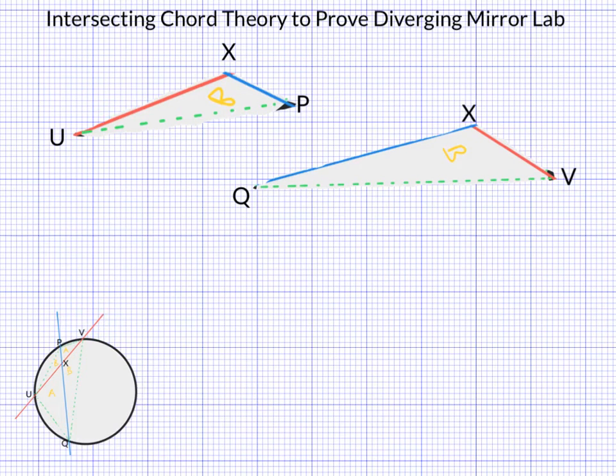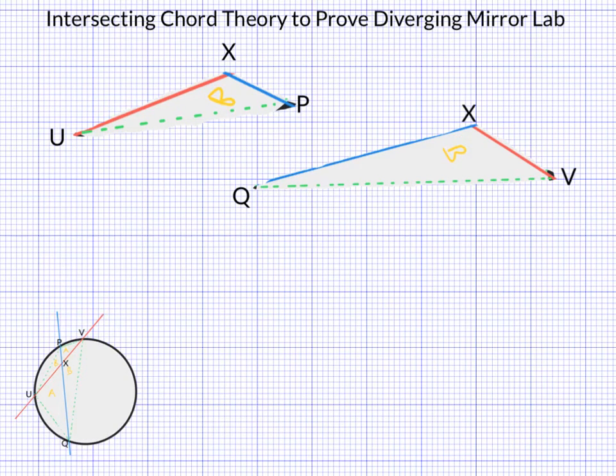Okay, so I've labeled my triangles with the same letters as the intersecting chords. What's important to note is that they both share X, okay? And so we're going to have a shared angle, B, the two B triangles down here. In other words, the angle between the red and the blue chord is going to be the same for both of these.